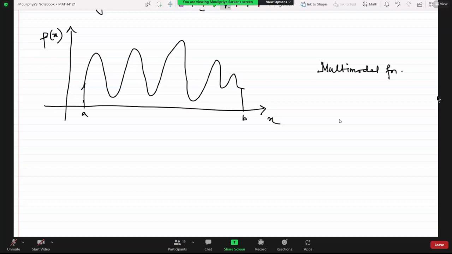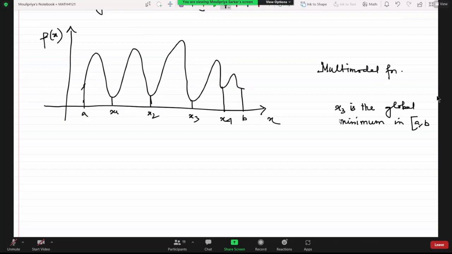Are we all okay till this? Do let me know. Yes, ma'am. So you know what we can say is, in this interval AB, if I call this one as x1, x2, this is x3, and this is x4, we can say that x3 is the global minimum in AB.